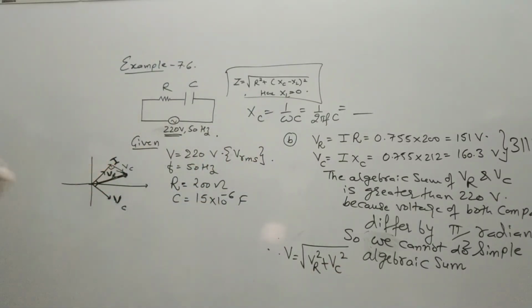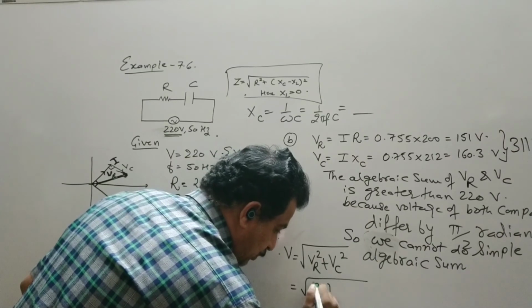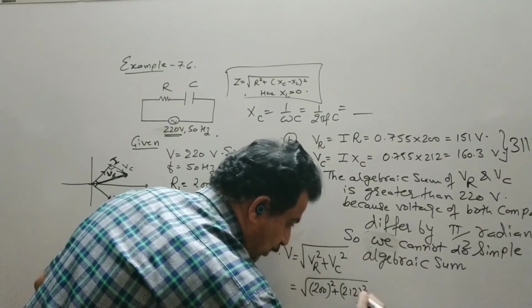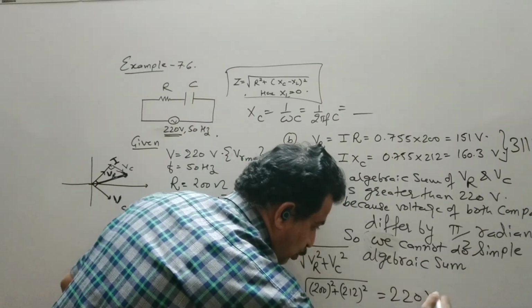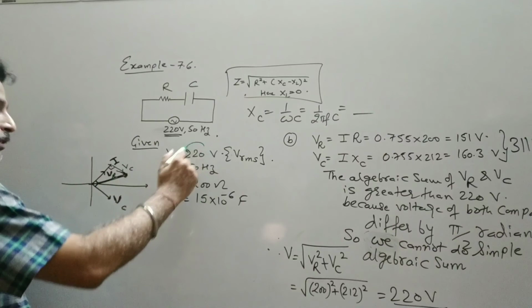So you have to apply the Pythagoras theorem, and when you do this, this will be equal to 200 square plus 212 square, and you solve this, it comes out to be exact 220 volt, which is given.